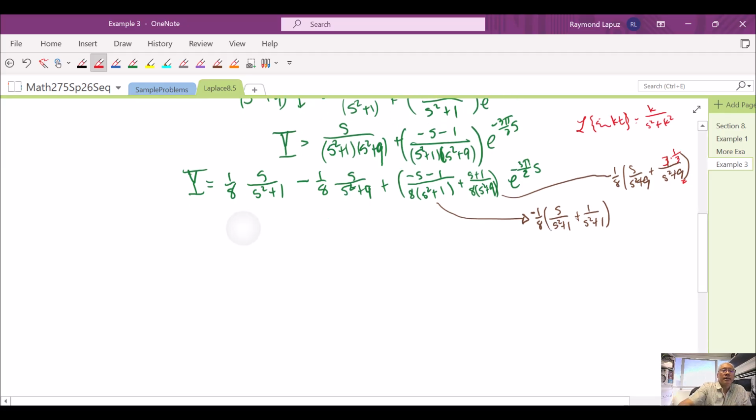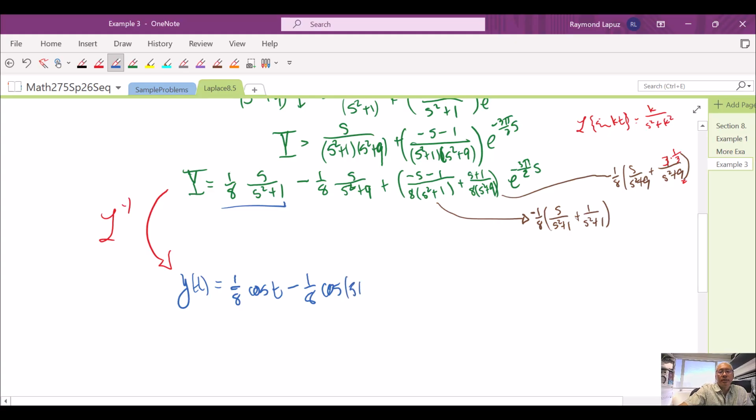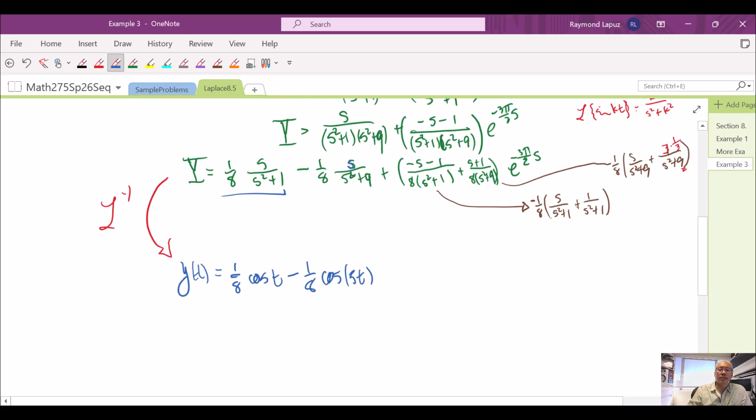Transformation back, ready to go. Inverse Laplace, back to the real world, y of t is equal to. Our first function here is a cosine function because there's an s, so that's 1/8 cosine t minus 1/8 another cosine function, but now there's a 3t. And for cosines, we don't have to worry about the constant because they just require you to have an s in the numerator. But for the sines, they will require you to have that same constant.